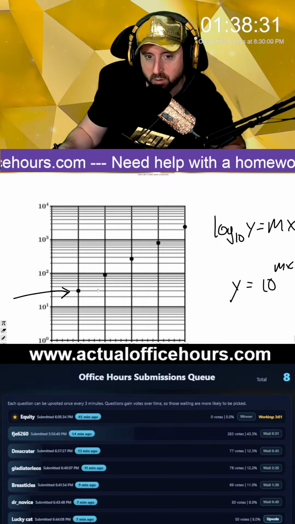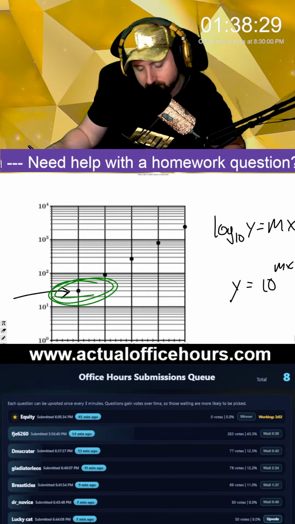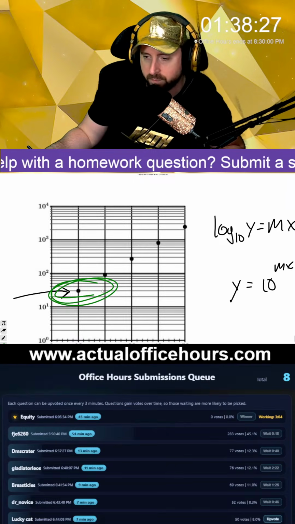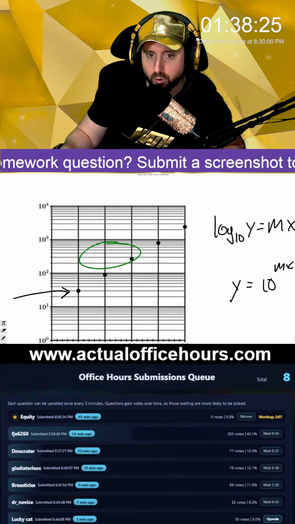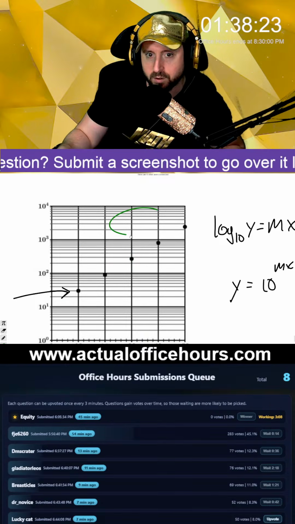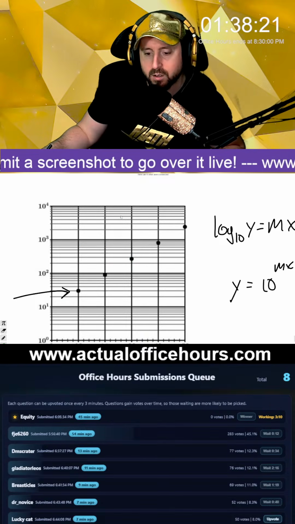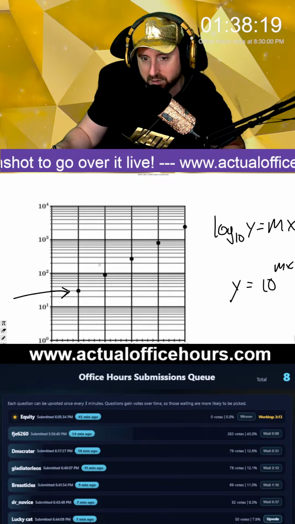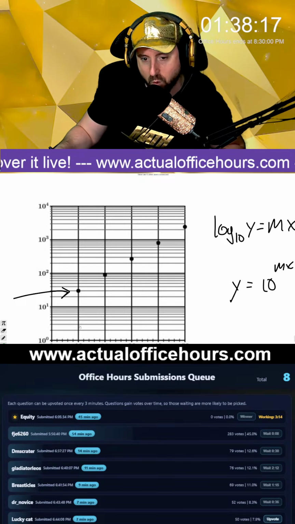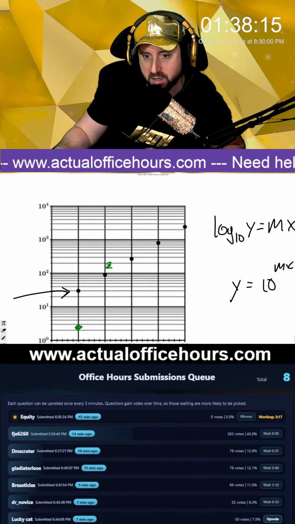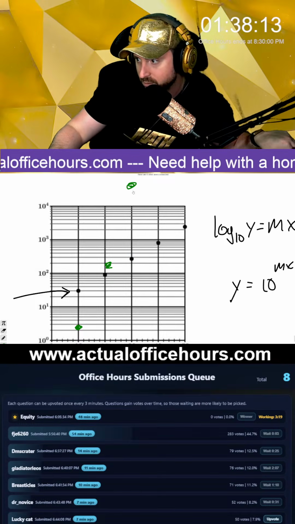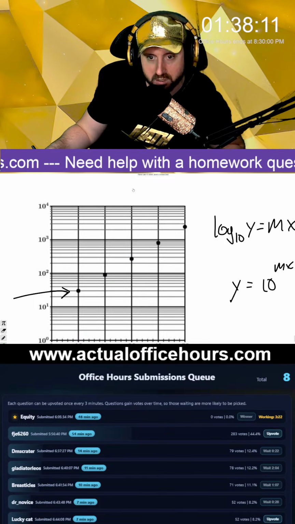I can see that stuff here is on the order of magnitude of tens. Stuff here is on the order of hundreds. Stuff here is on the order of thousands. Whereas if you had this on a linear plot, this would be way down here. This would be way up here, and then this would be to the sky. Like you just can't see it.